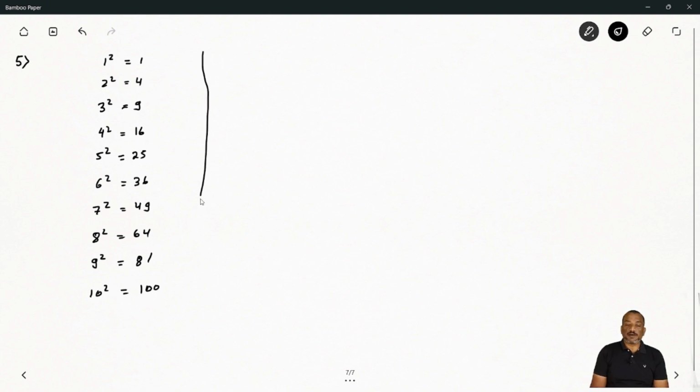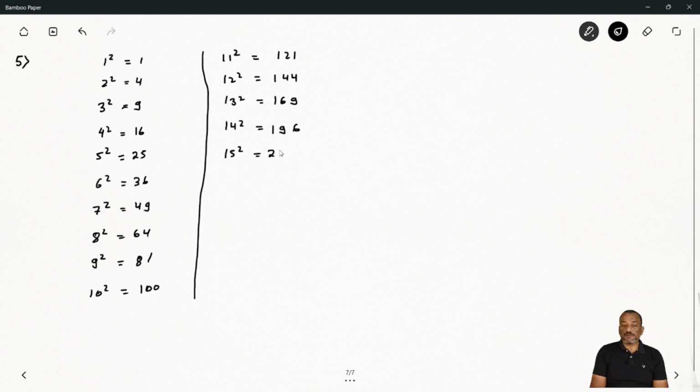Now same way you can write a few more numbers. So 11 square is equal to what? 121. Then 12 square is equal to what? 144. Why am I writing this? To help you learn some patterns. Okay, so same way 13 square is equal to 169. 14 square is equal to 196. 15 square is equal to 225.